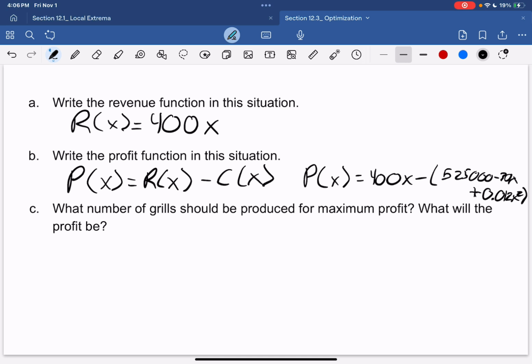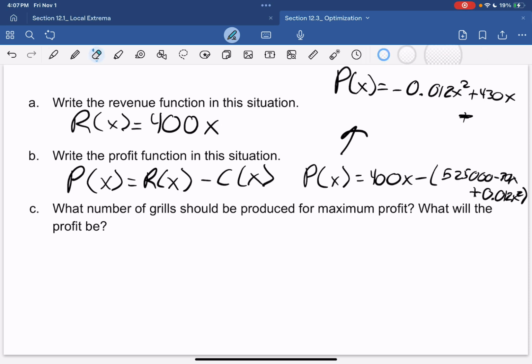Okay, I'm just going to write it up here so I have plenty of room. All right, so then I negate everything that's in the parentheses, so I have negative 0.12x squared. I have minus a negative 30x, so plus 30x, so plus 430x, minus 525,000.